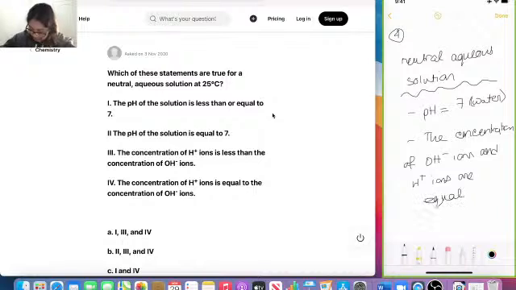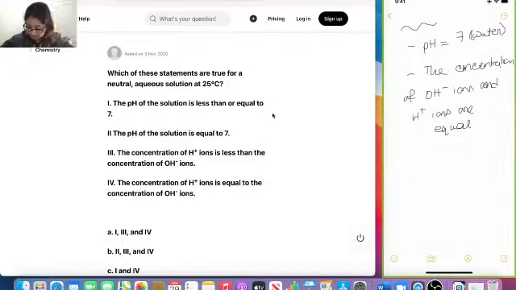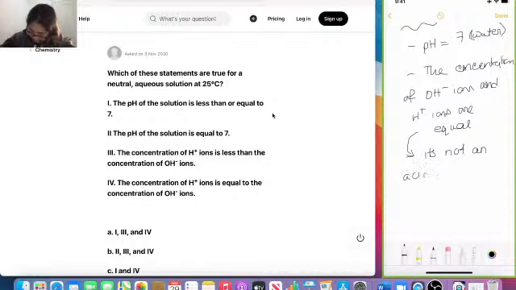When they are equal, what this means is it's not an acidic solution, nor is it a basic solution.